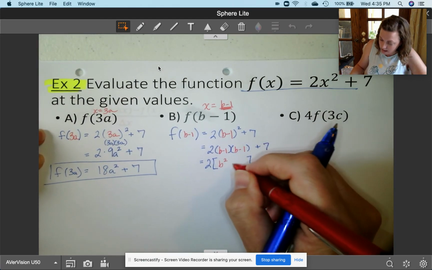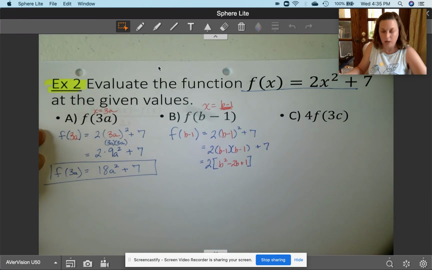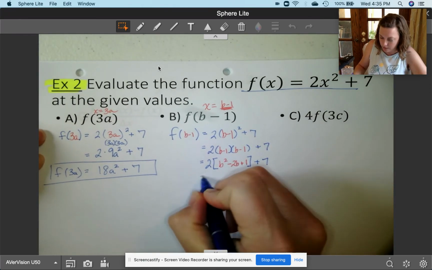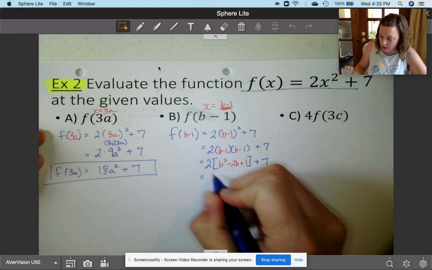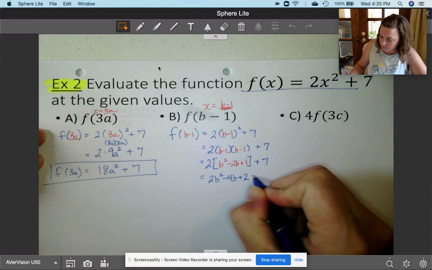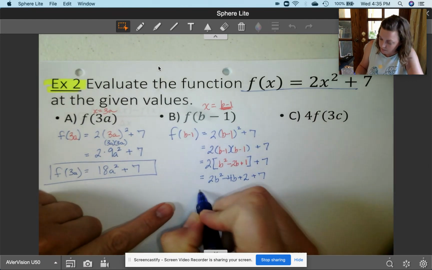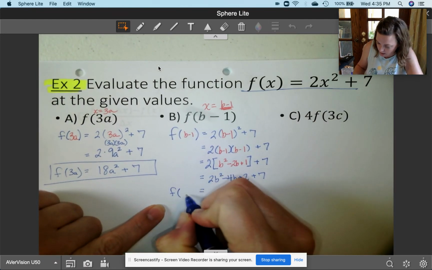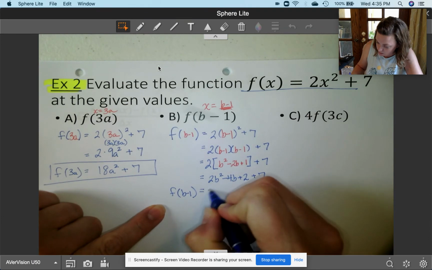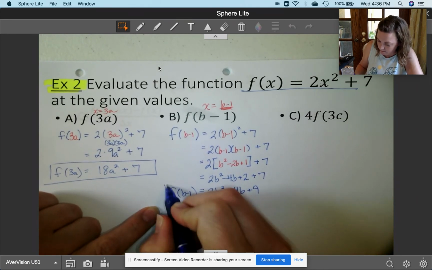The outside is negative 1b, and negative 1b makes negative 2b plus 1. I hope you know that. You should at this level. I don't know how many times we've talked about it. We're going to distribute the 2. So we get 2b squared minus 4b plus 2, and then combine like terms. So f of b minus 1 equals 2b squared minus 4b plus 9.